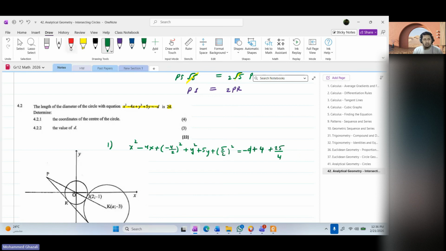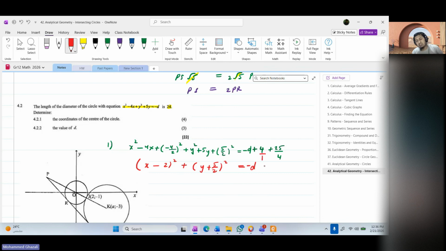That's correct. Now, the center will be x minus 2 all squared plus y plus 5 over 2 all squared is equal to negative d. Now remember, 4 can be transformed as 16 over 4.